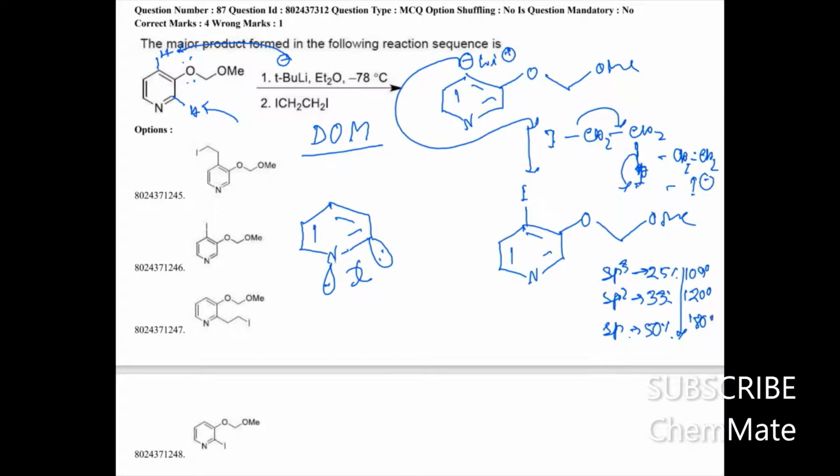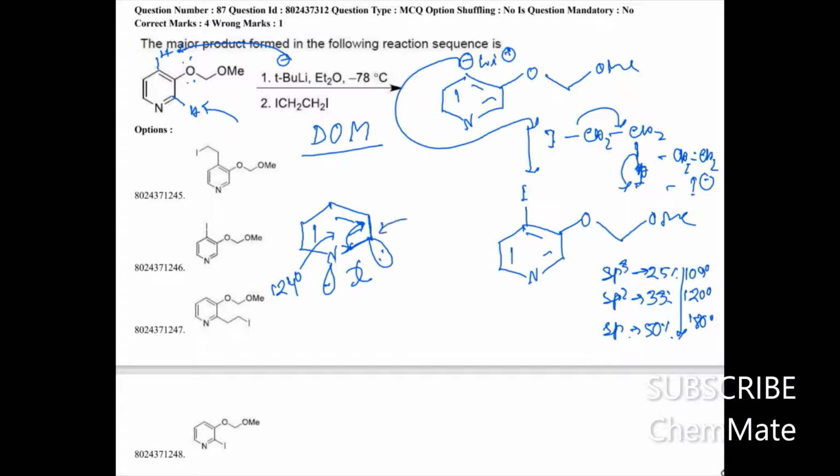Now one experimental thing which is observed in pyridine is that the bond angle for this carbon-carbon bond is 4 degree greater than the normal value of 120 degree. That means it is 124 degree.